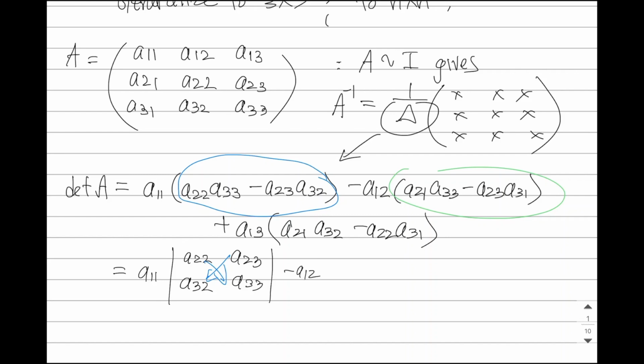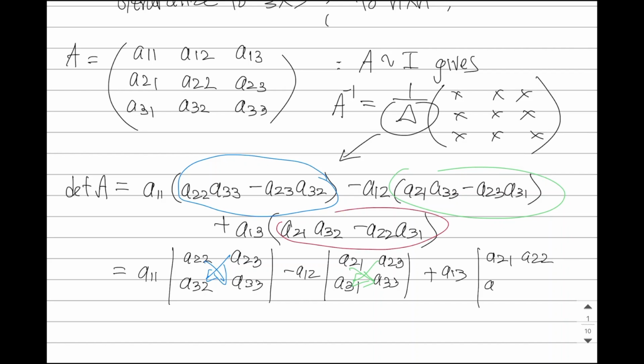We'll have A12, and then we'll have this determinant notation again, A21, A23, A31, A33. And that thing in the green bracket is, again, this product, take away that product. We'll have this final term as another 2 by 2 determinant: A21, A22, A31, A32. And we are calculating this.